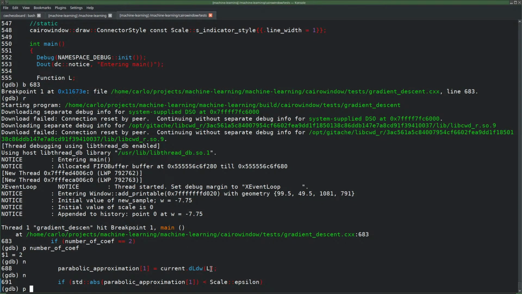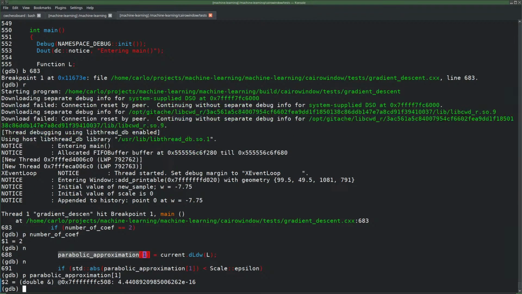I think that gives me the derivative in minus 7.75, which maybe doesn't fit exactly in a binary number, and therefore we get some kind of round off error. You see, it's totally not 0, while it should have been.